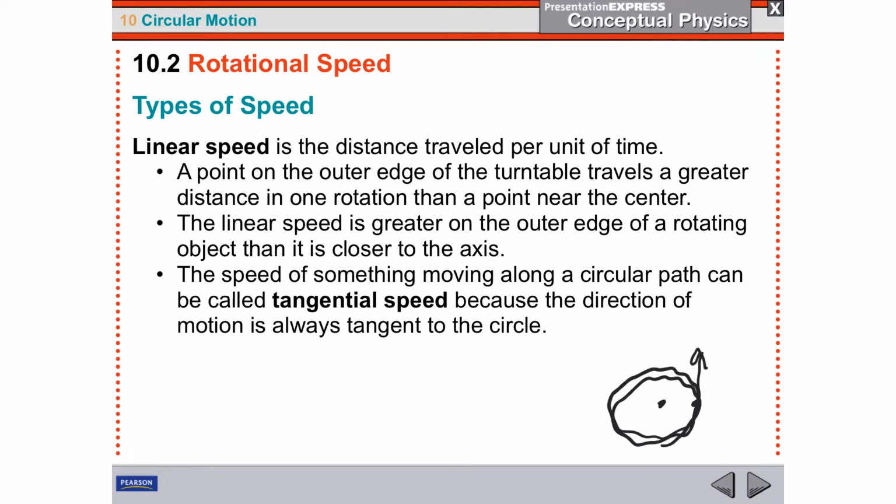Well, that speed is going to depend upon the distance from the center of the circle, and that's called the linear speed, the straight line speed. Not the speed I'm going around in the circle, but at that instant, I'm going forward at a certain speed, and that's called its linear speed.